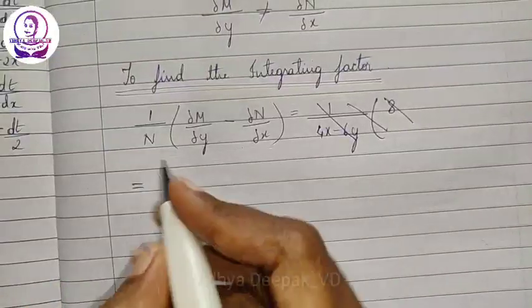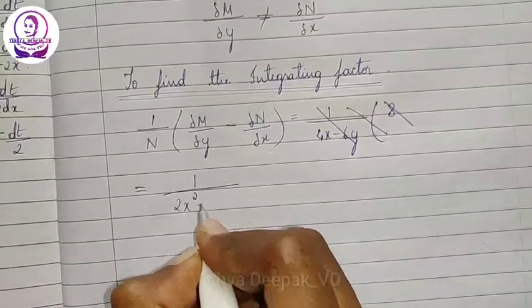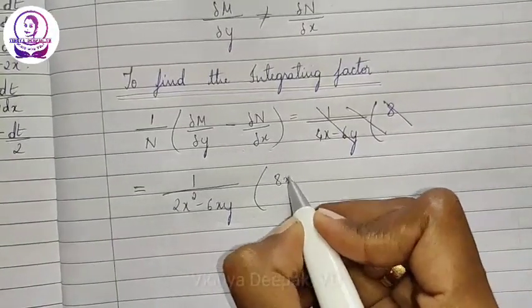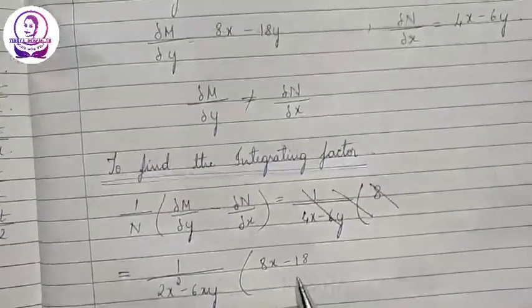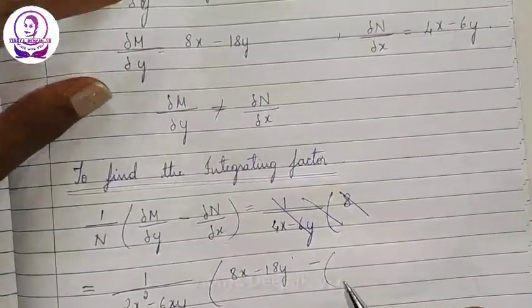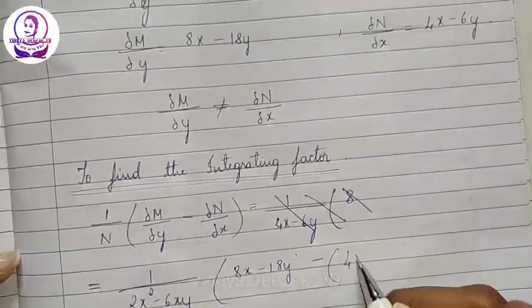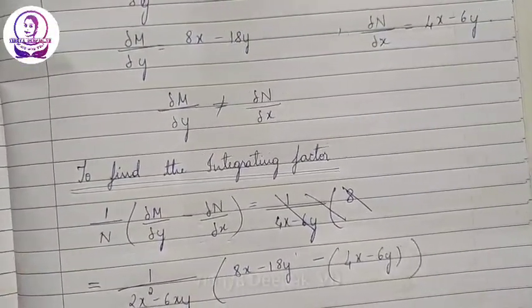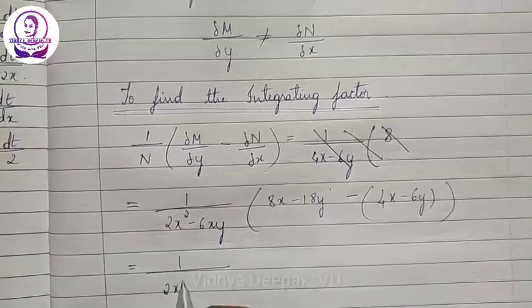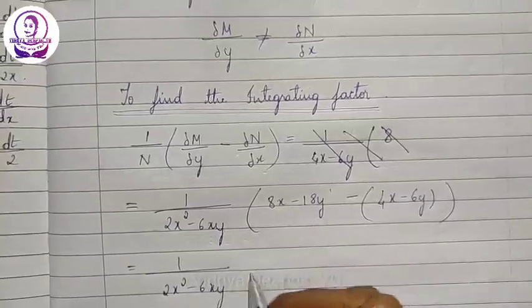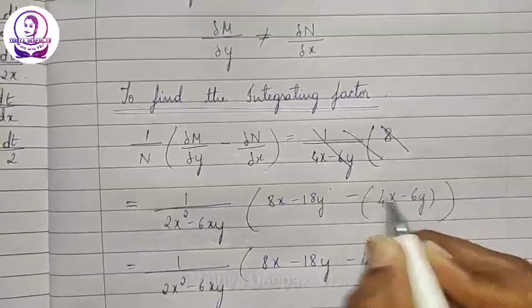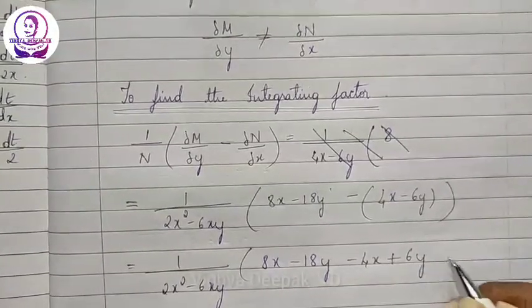So we have 1/(2x² − 6xy) times (8x − 18y) minus (4x − 6y).